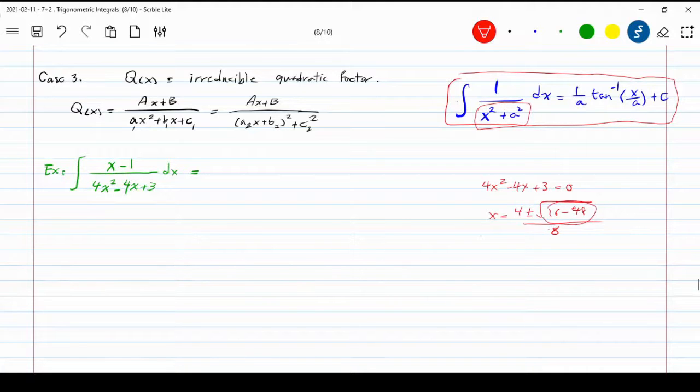You notice that under the square root, this is a negative number. It's less than 0, which means this has a complex solution. So there is no real solution to this equation. That means you cannot factor this denominator.